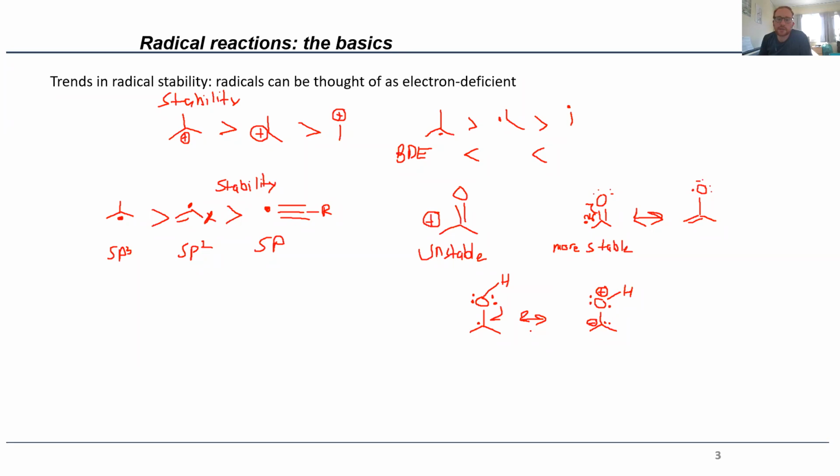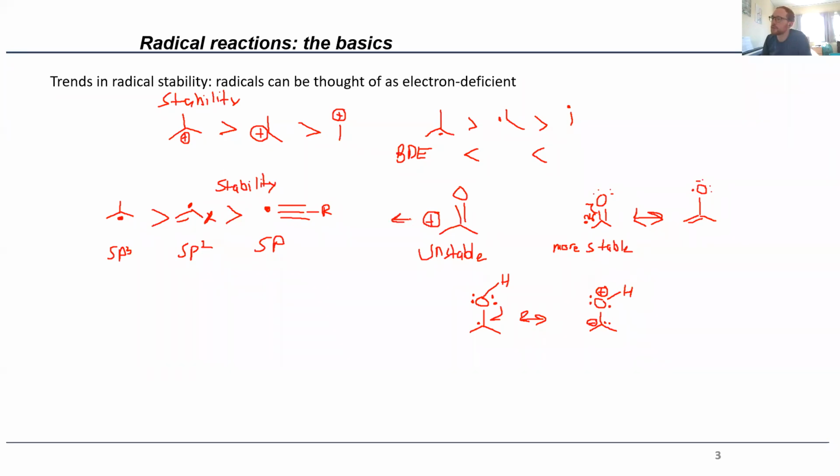And so radicals can be stabilized by a variety of resonance structures, but ultimately resonance is therefore always stabilizing for radicals. Someone asked me if we can draw a similar resonance structure for the carbocation and push positive charge onto oxygen. Of course you can, but this is disfavored because oxygen is quite an electronegative atom. So that resonance structure is pretty much a negligible contributor.